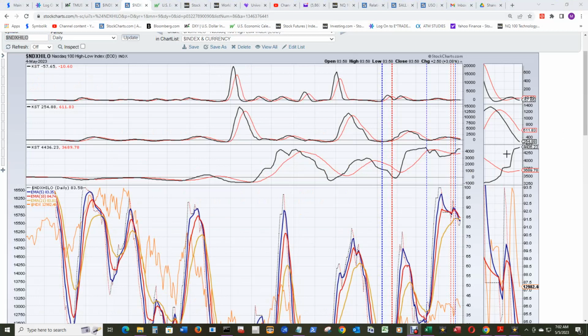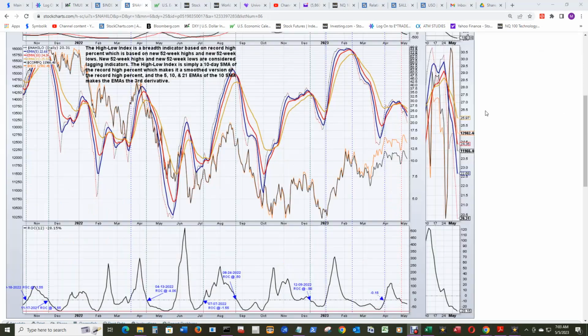And the long-term KST for the NDXHILO is still headed up halfway decently. Intermediate term is still headed down, and the short-term KST has the ever so slightest inclination of pulling back on the stick and trying to get back above 0 in its signal line.